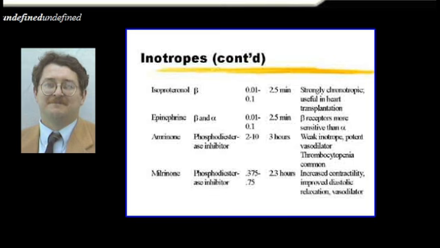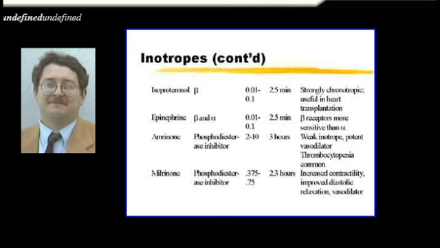Isoproterenol is used primarily in the setting of heart transplantation. It's a very strong chronotropic agent as well as a beta adrenergic agonist. Epinephrine has both beta and alpha effects and is a very potent inotrope. Amrinone and milrinone are the two phosphodiesterase inhibitors.